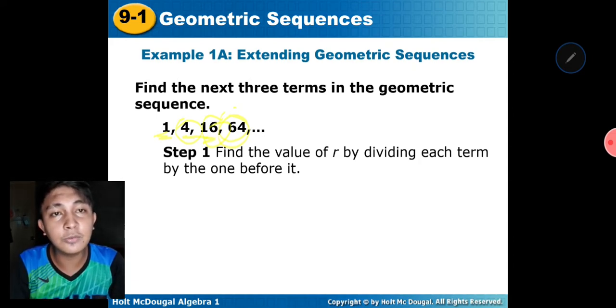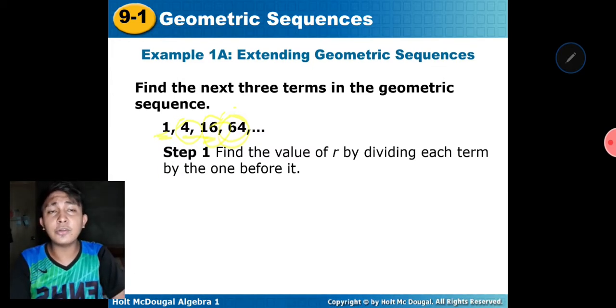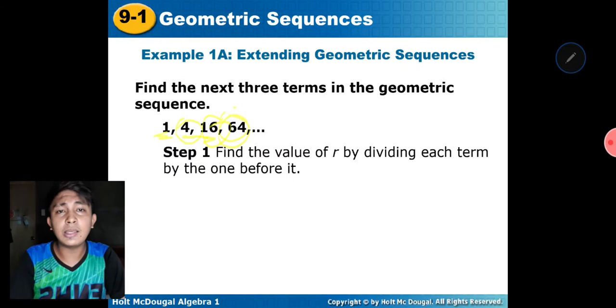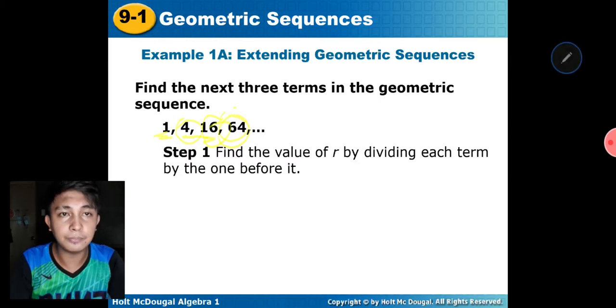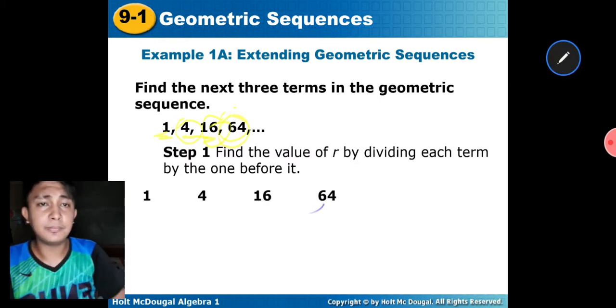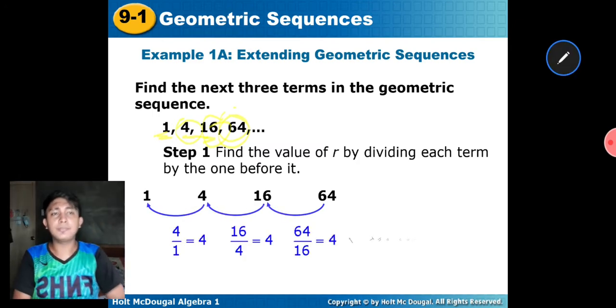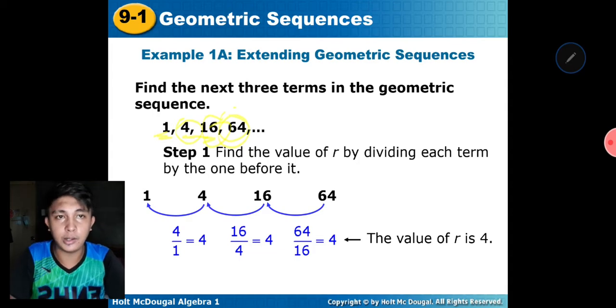So we have also 4. So now we can conclude that the sequence 1, 4, 16, 64 has a common ratio which is equal to 4. Okay, so the value of r is 4.